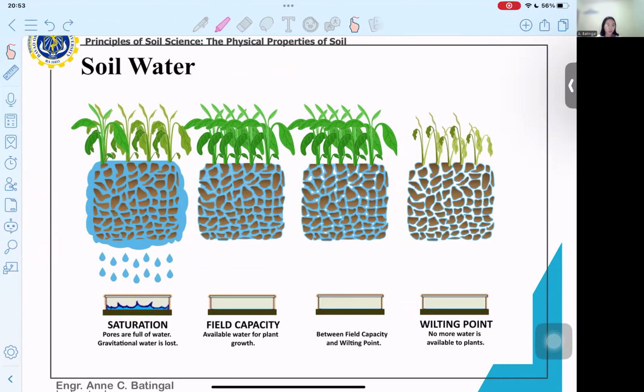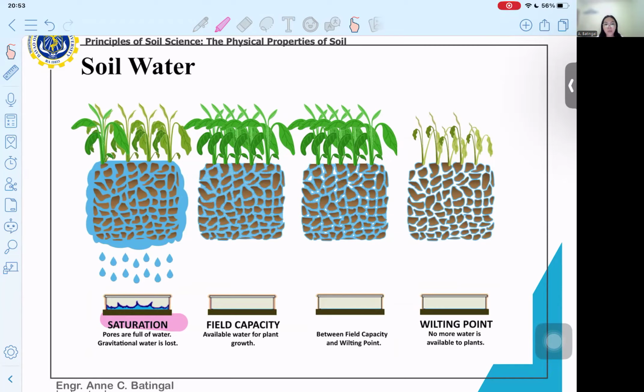So saturation, as shown in the figure, is when pores are full of water and gravitational water is lost. Saturation in your soil happens after rainfall or an irrigation. During a rain or irrigation application where you add water, the pore spaces in your soil are filled with water.